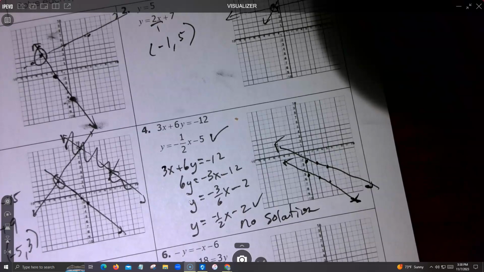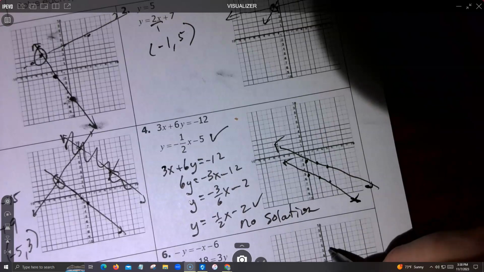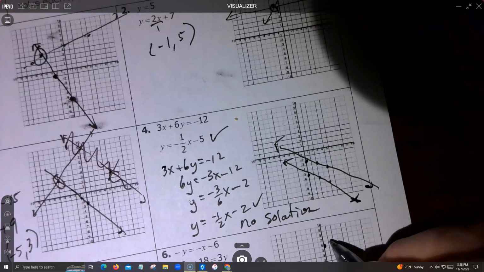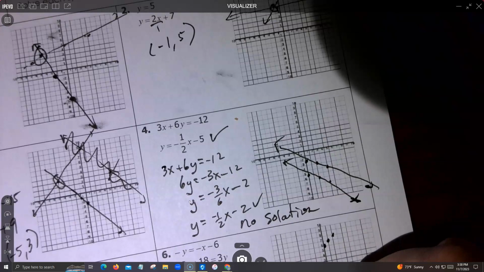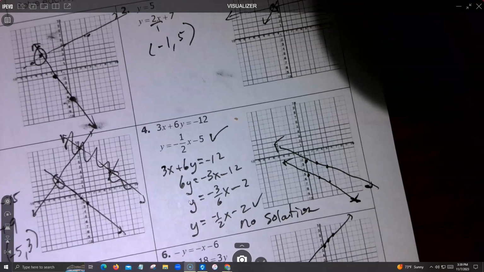So I do that. Okay, so this one and this one are the same line. So even though I'm putting it in here, 1 over 1, they're the same line. So this would be infinitely many. And that's how that works.